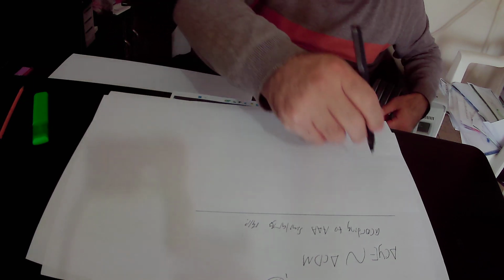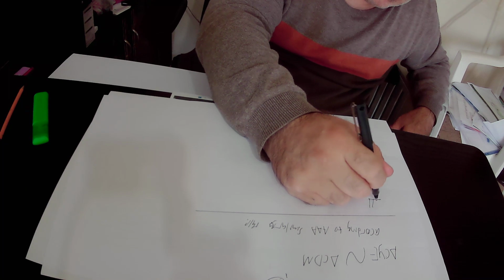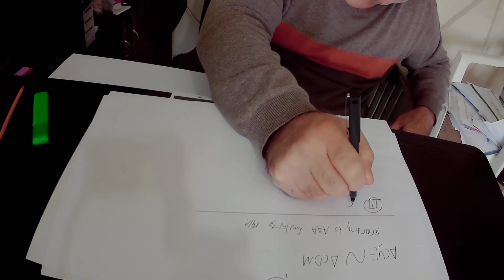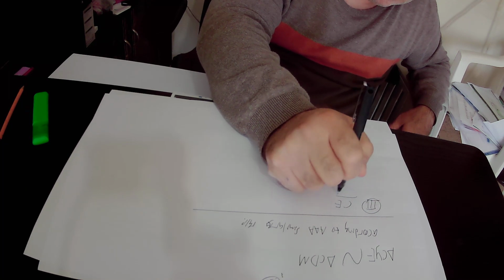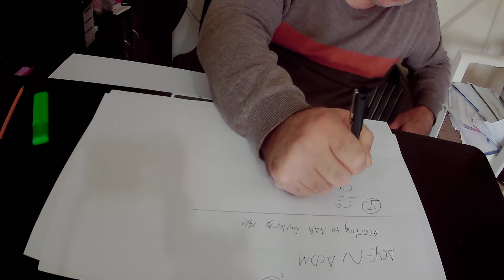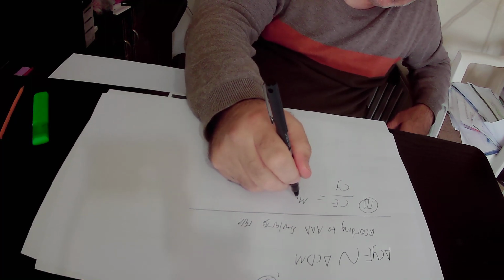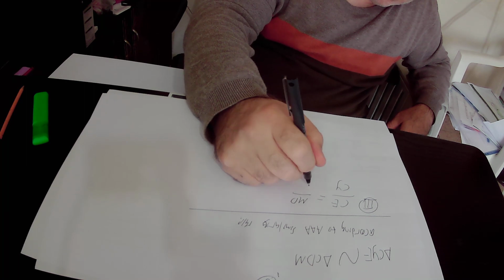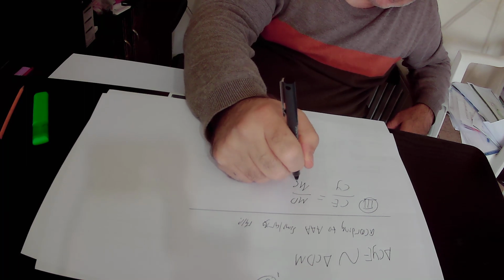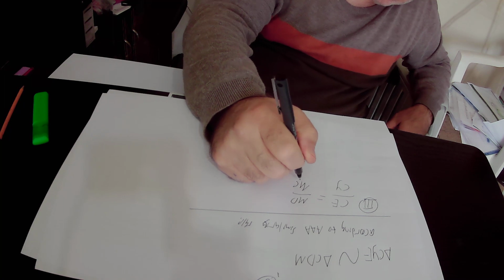We will actually conclude that CE over CY in triangle CYE equals CD over MC in triangle CMD.